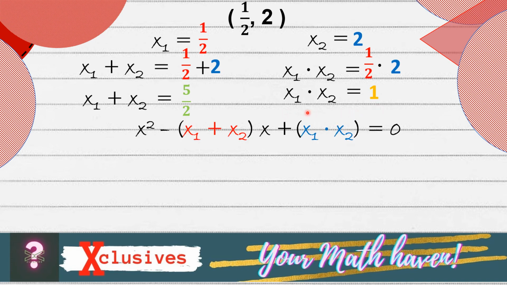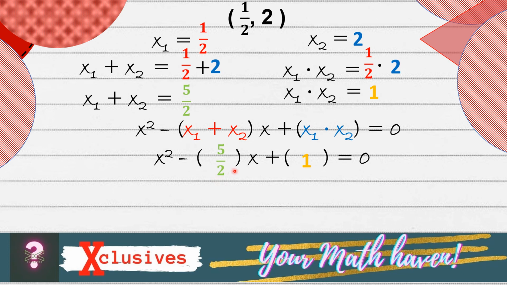Now, let us create its equation. Given the format, we can substitute the sum of the roots and the product of the roots. By substituting our sum of the roots, that is 5 over 2, and our product of the roots, that is 1. As you can see, our sum of the roots is a fraction.